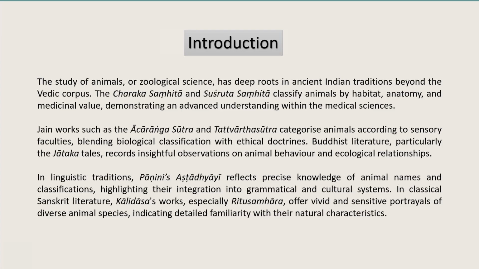Jain works such as the Acharanga Sutra and Tattvartha Sutra categorize animals according to sensory faculties, blending biological classification with ethical doctrines. Buddhist literature, particularly the Jatak tales, records insightful observation of animal behavior and ecological relationships.